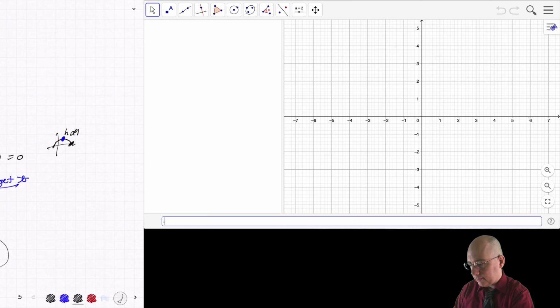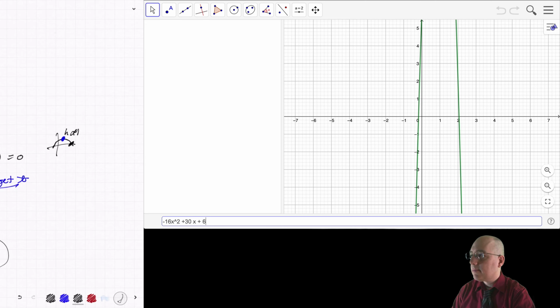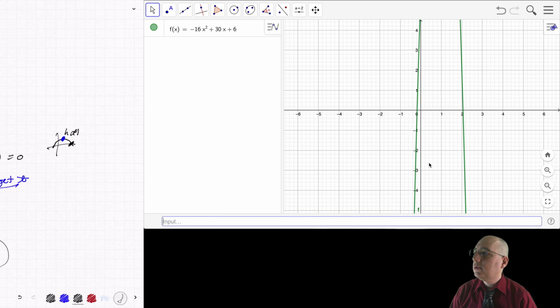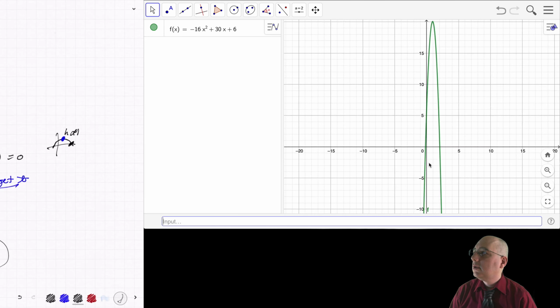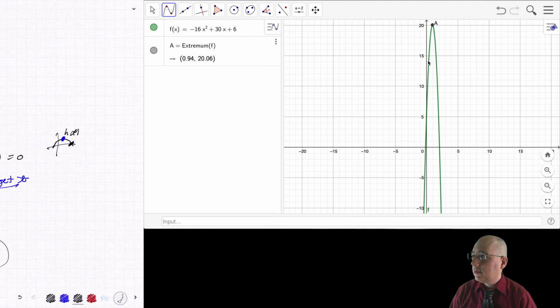So first of all, here's what the height function looks like. Doesn't stay up too long. Looks like, so extremum, you get that height. So 0.94 and 20.06. So basically, let me have this graph h of t.